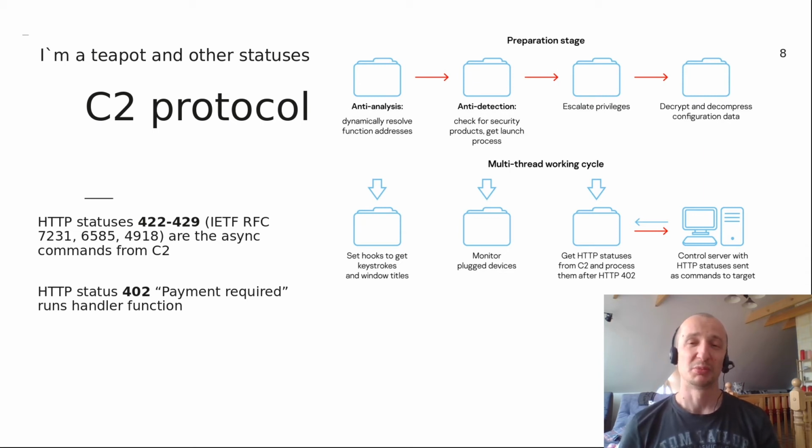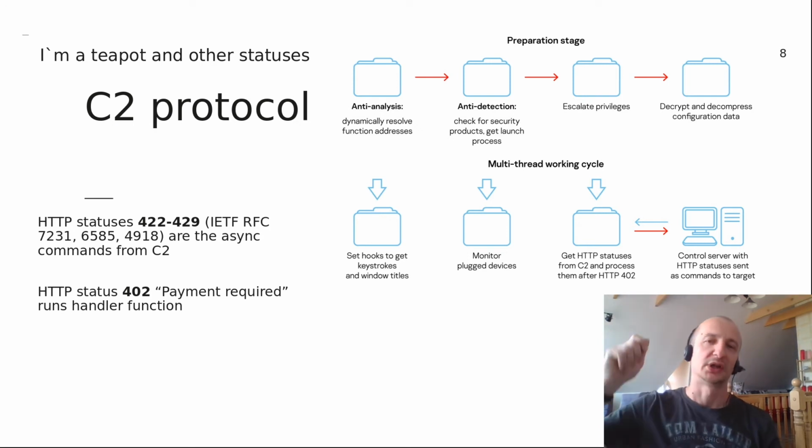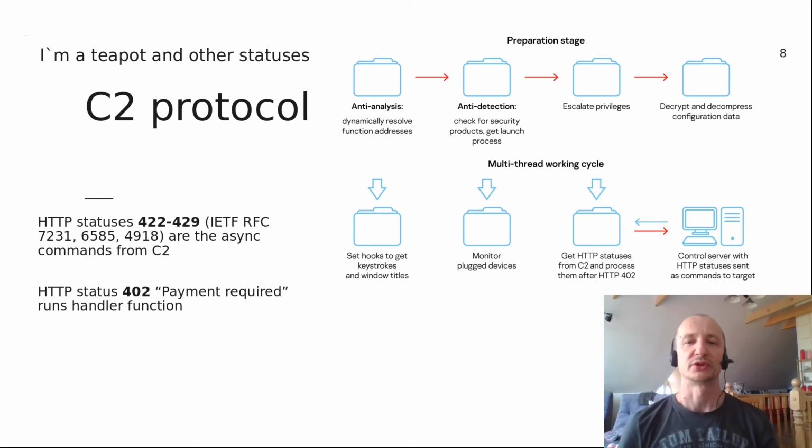Real time to pay, payment required. This is the idea. So let us keep in mind that it's multi-threaded, and the malware works with the commands from C2 in an asynchronous way, waiting for some flag: go, now please handle all the commands.